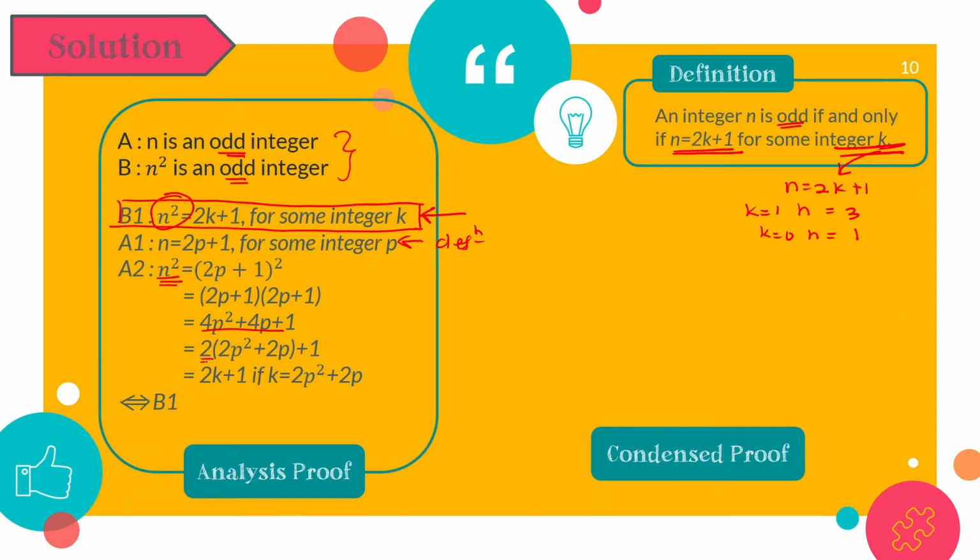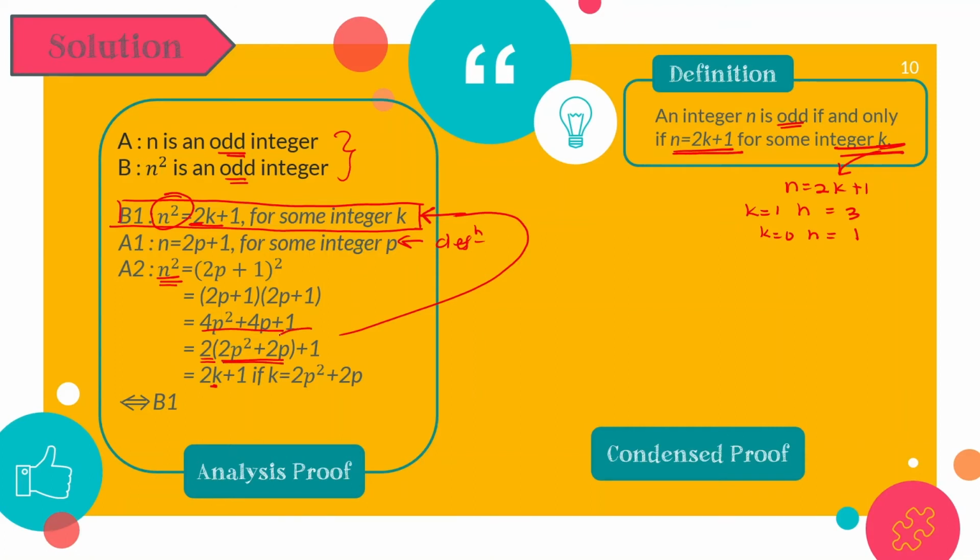Why do we factor out 2? You need to remember what I said before, that this is our direction of proving. So we want to find 2k plus 1. That's why we factor out 2 here. And then we get 2 times 2p square plus 2p, plus 1. And this will equal 2k plus 1 if k is equal to this.